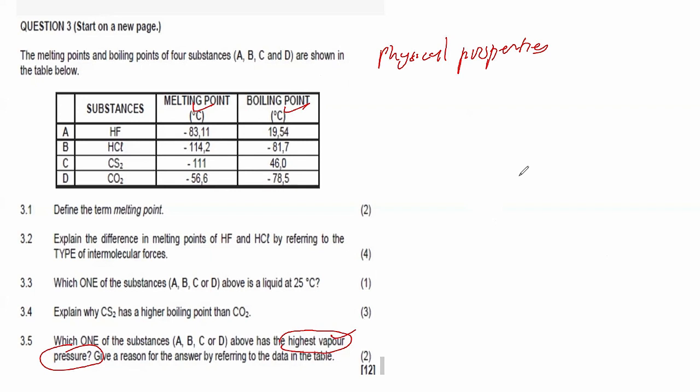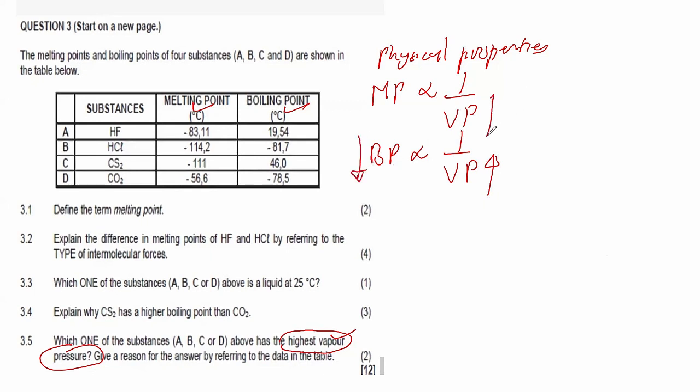So how do we answer a question on vapor pressure when we are only given the melting point and the boiling point? You have to realize that melting point is inversely proportional to the vapor pressure, and also the boiling point is inversely proportional to the vapor pressure. So that means if we are looking for the one with the higher vapor pressure, then this translates to the one with the lower boiling point, or higher vapor pressure also translates to the one with the lower melting point, right?